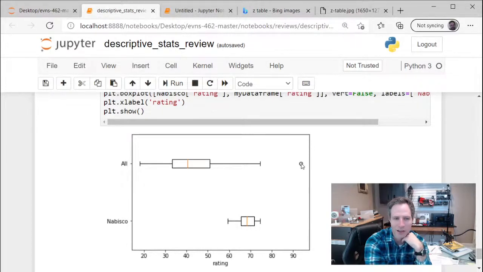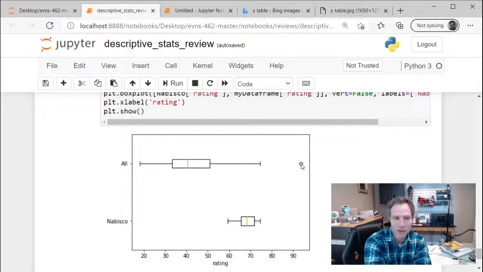there's this circle out here. What is that? That represents an outlier. There's a cereal in our data set that's way out here above 90 in the ratings. And that makes it an outlier. Well, why is it defined as an outlier here? Well, you could turn that functionality off, but what's happening here is the whiskers extend out as far as the maximum and minimum values unless the maximum and minimum value is greater than 1.5 times the interquartile range higher than this box right here.